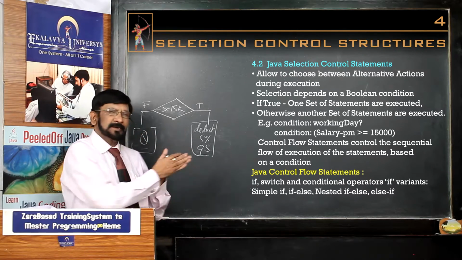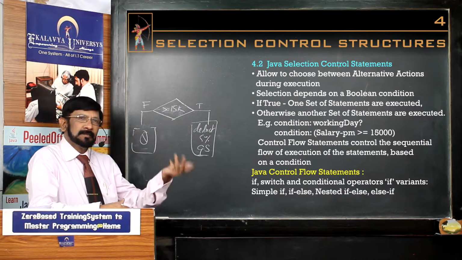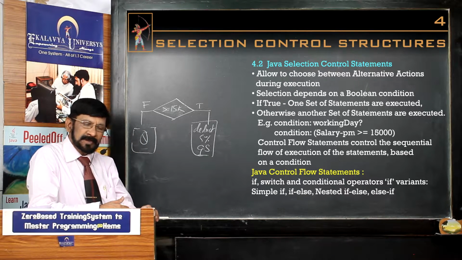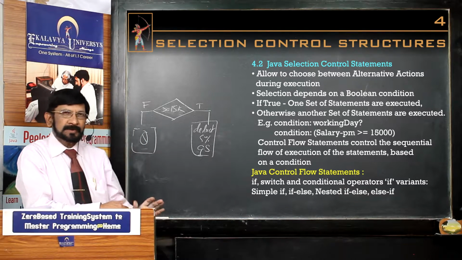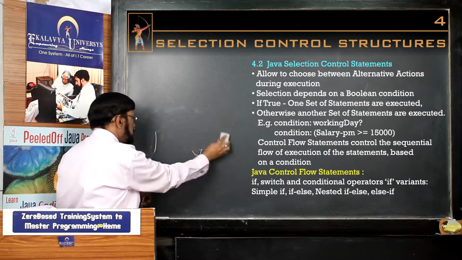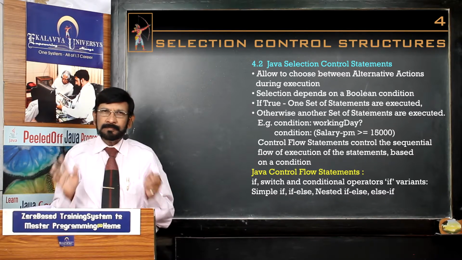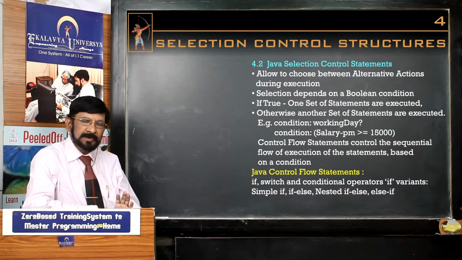This is a two-way selection. It is called branching. And not only two-way selection, later we will see multiple ways of selection. In order to implement these types of selections, Java provides us a big set of statements.